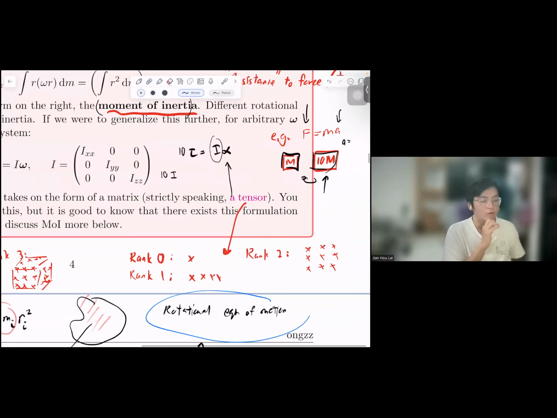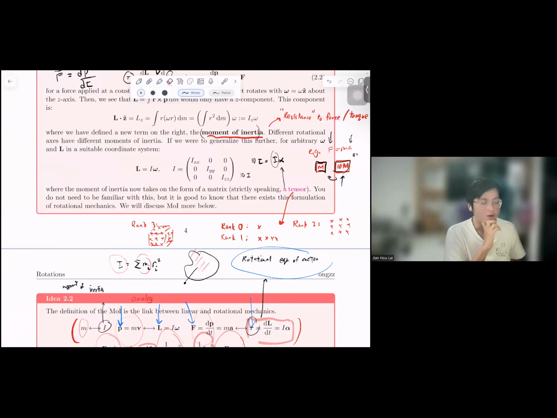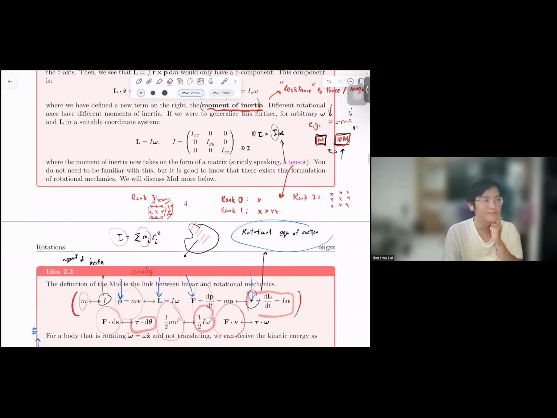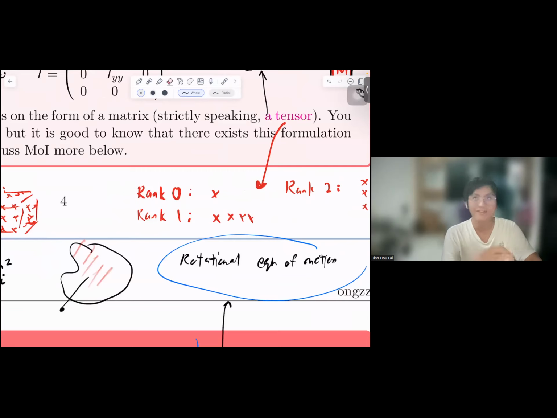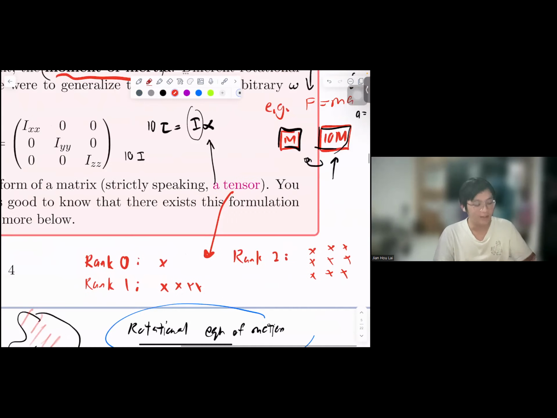And to be precise, for the moment of inertia I, we can generalize this into a tensor. A tensor is just a mathematical tool we apply in physics to keep our life simple. Tensors have rank 0, 1, 2, and so on.